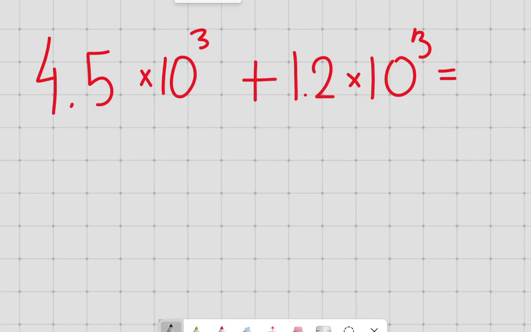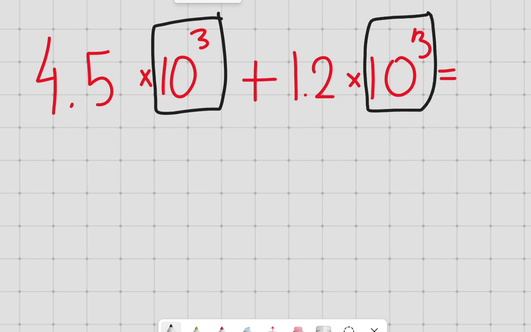The most important thing when we add or subtract two numbers in scientific form is that we must have the same exponents. So our first number is 10 to the power of 3. The second number is also 10 to the power of 3. Then the only thing that we do is add this one by this one and copy the exponent.